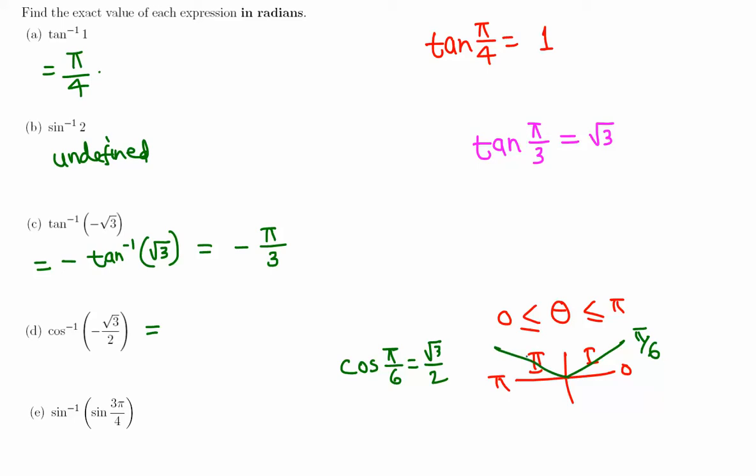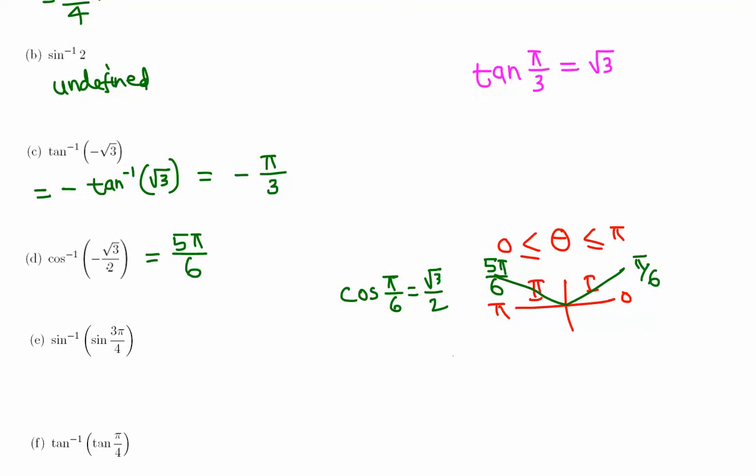If you are using a unit circle, all we have to do is look at the x coordinate: -√3 over 2 corresponds to pi over 6 reference angle, in the second quadrant.